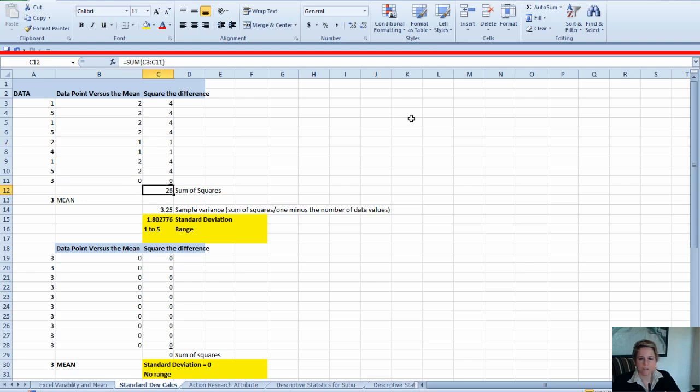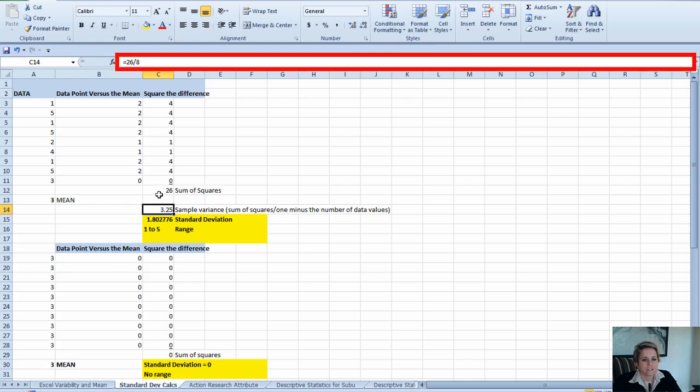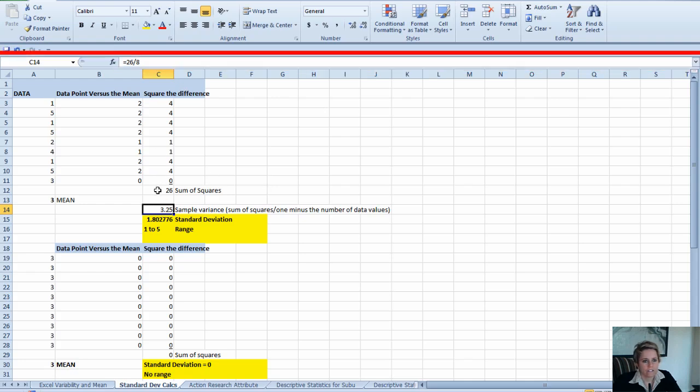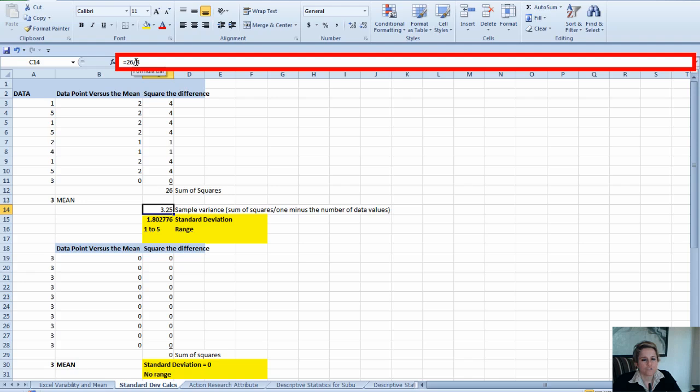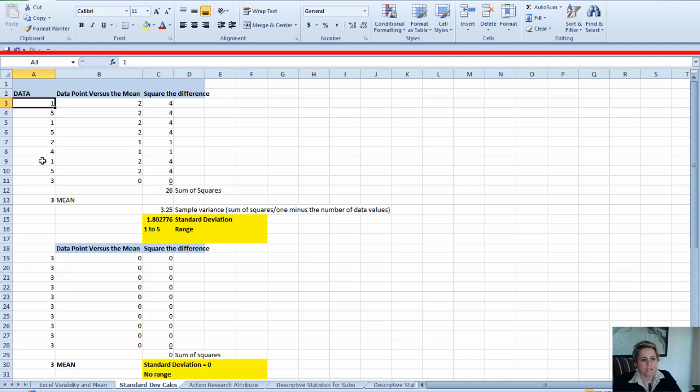You add them up to get what's called the sum of the squares, and then you subtract 1 from 9. And again, I don't expect you necessarily to know how to do this.